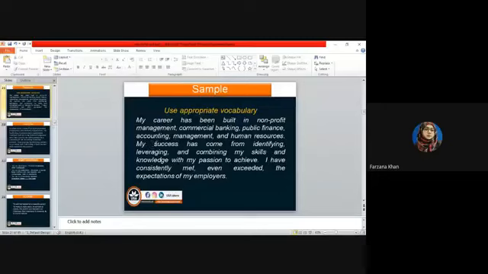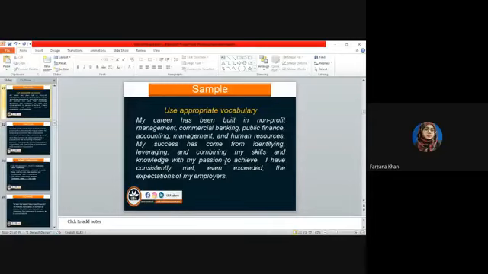My success has come from identifying, leveraging, and combining my skills and knowledge with my passion to achieve. And in the third sentence: I have consistently met, even exceeded, the expectations of my employers. Basically, he's trying to convince and tell his skills here in the middle paragraph.